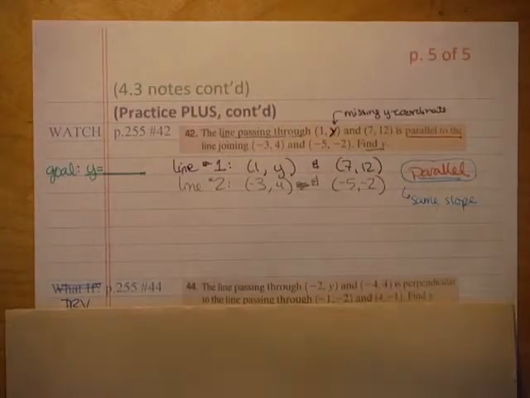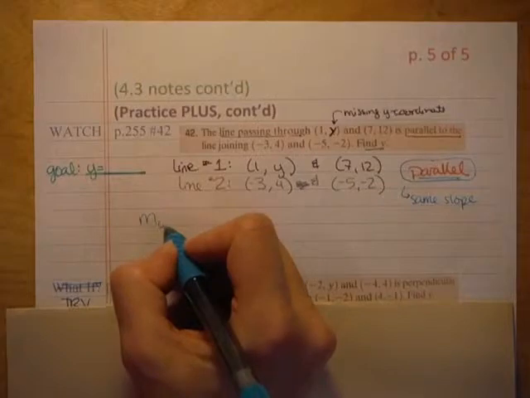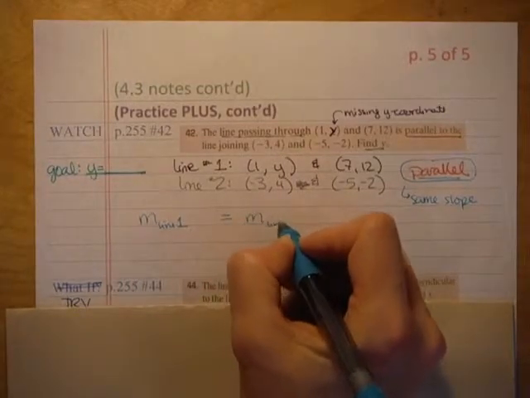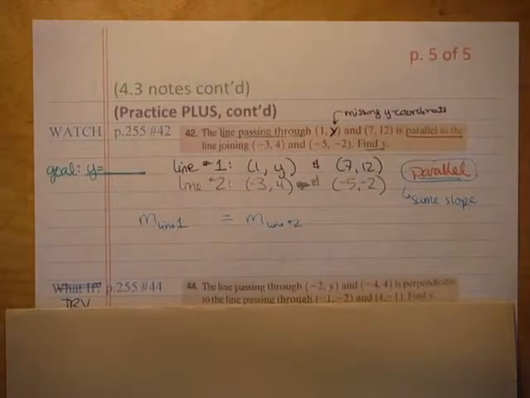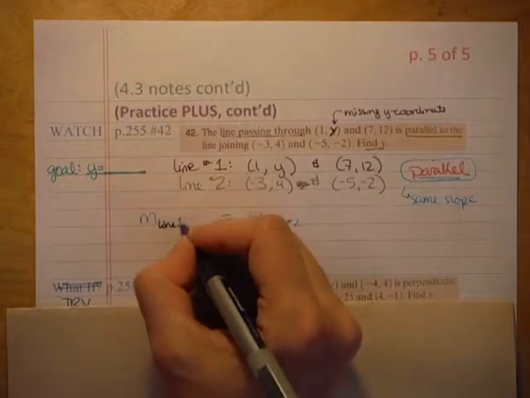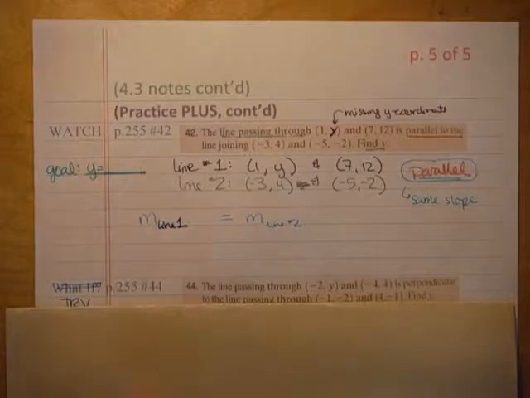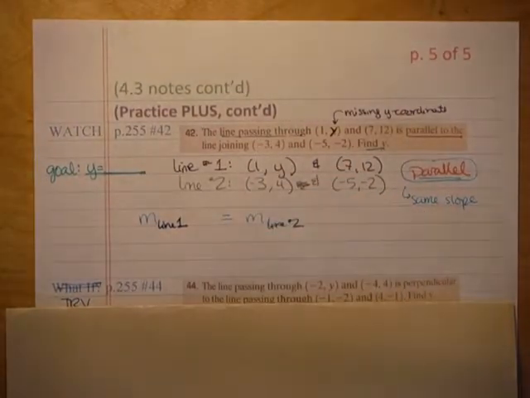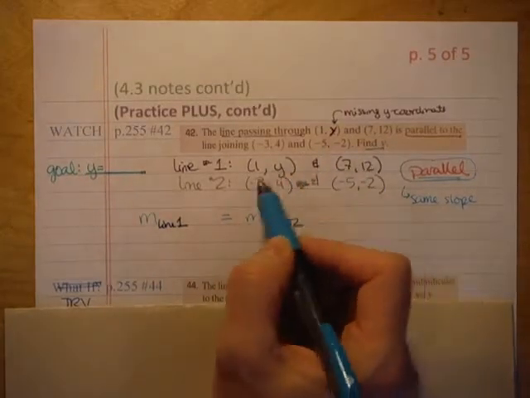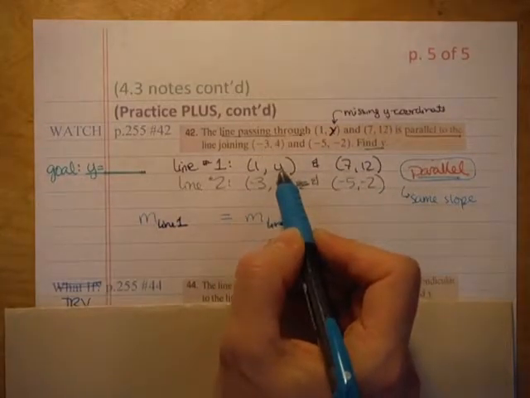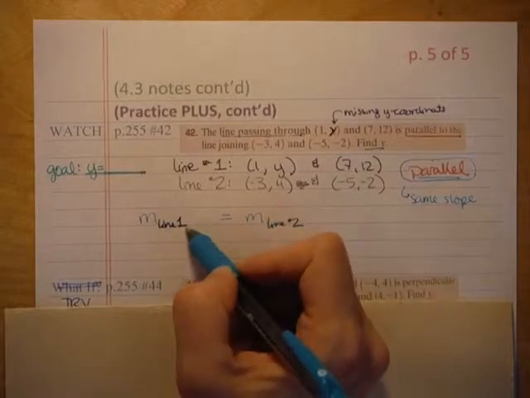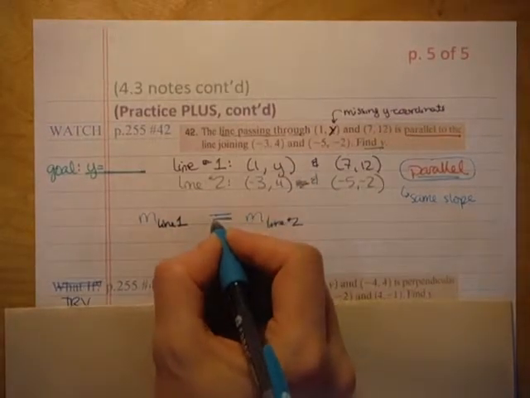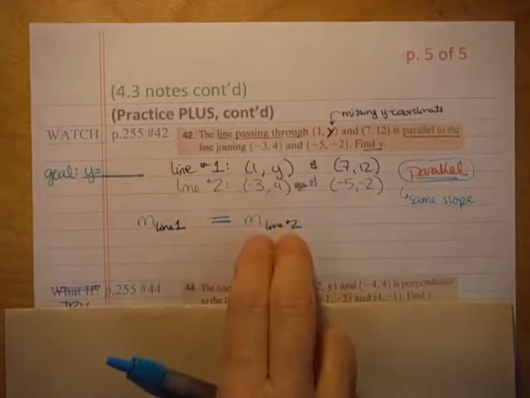So I know that the slope of my line number 1 is going to be equal to the slope of line number 2. So my job in this problem is to find the slope for line number 1 and then find the slope for line number 2 and set those equal to each other. Because of my slope formula, it will involve y in the slope of line 1, I'll be able to then solve that for y. I will have created an equation of slope equal to slope.